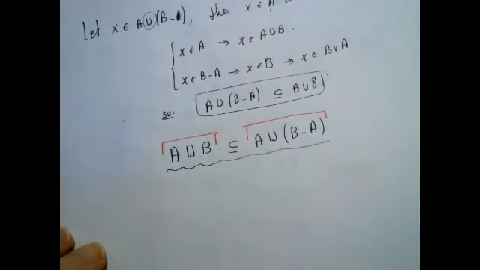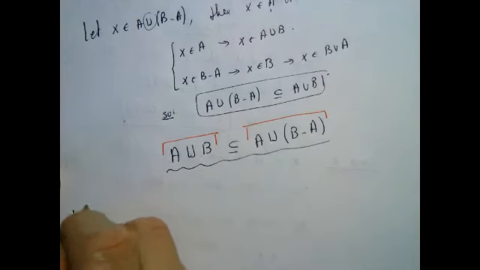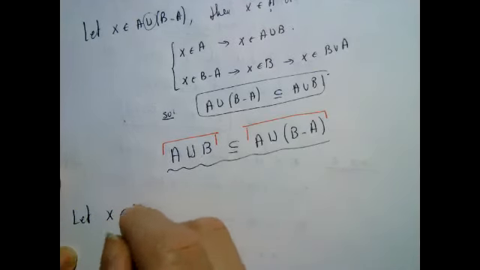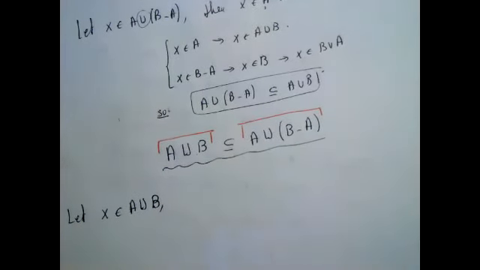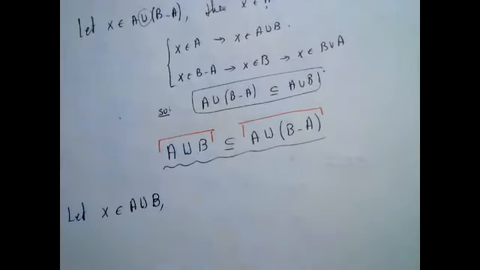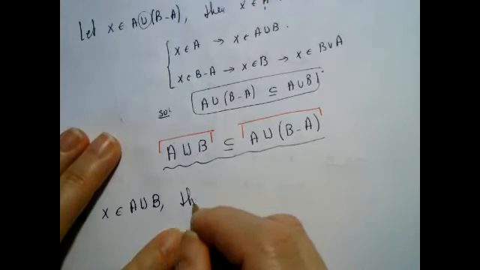All right, let's get going. Simon, would you like to start? First, we would say let X be in A union B. Then X is in A or X is in B.